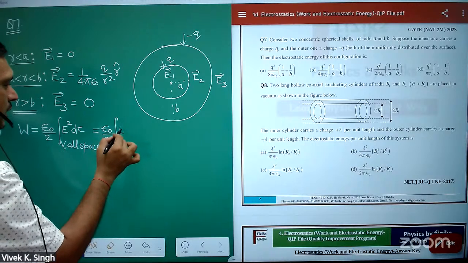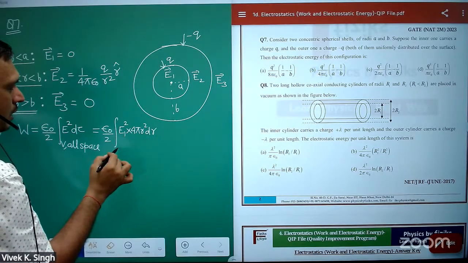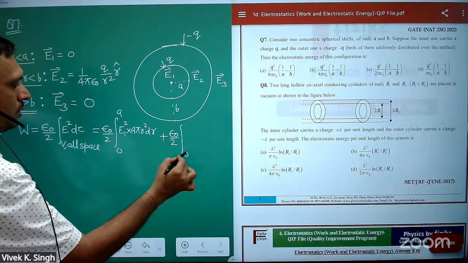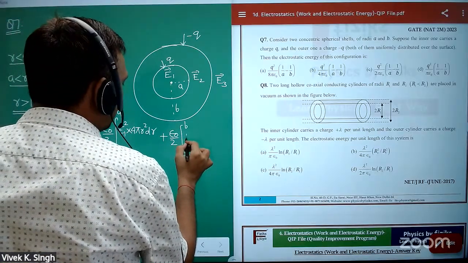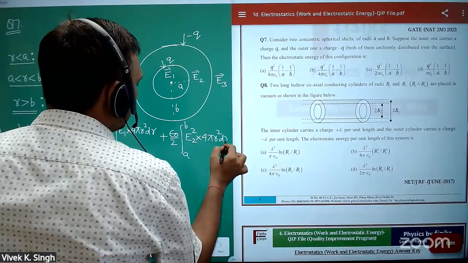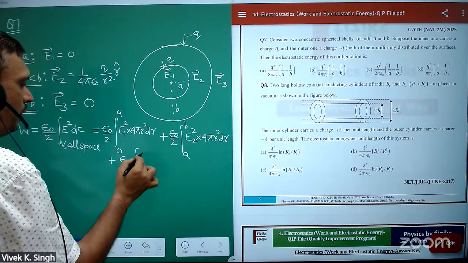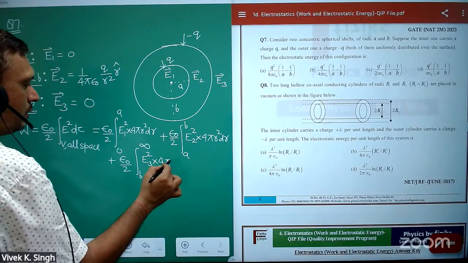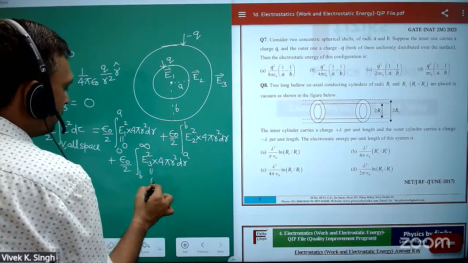First will be epsilon naught by 2, integral 0 to a, E1 square, and d tau I am writing as 4 pi r square dr. Second term will be epsilon naught by 2, integral a to b, E2 square 4 pi r square dr. And third region, epsilon naught by 2, now it is b to infinity, E3 square 4 pi r square dr. Now E1 is 0, E3 is 0. So you have to write only this term.